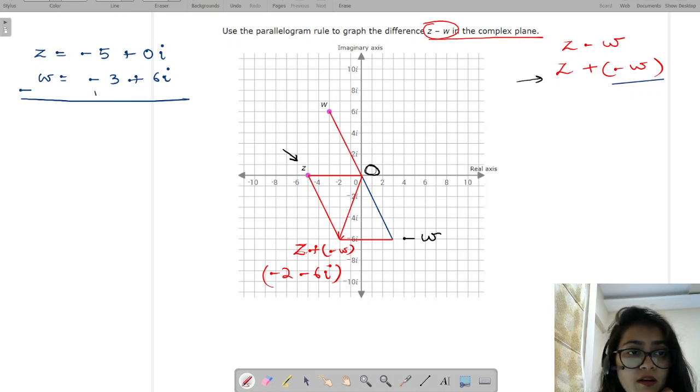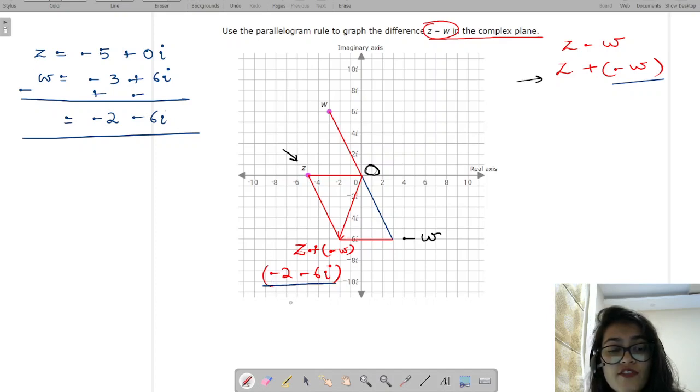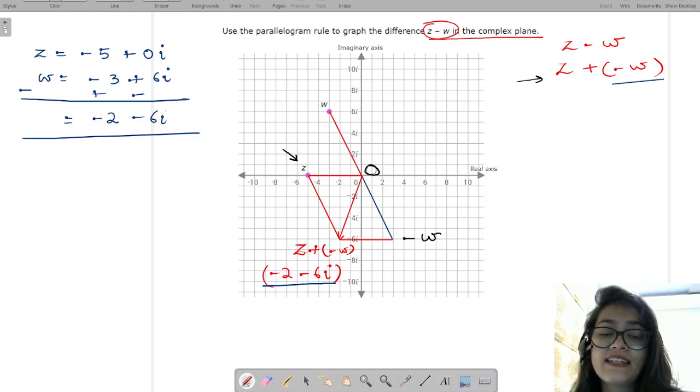So this will become positive, this will become negative. So negative 5 plus 3, that is negative 2, and 0 minus 6i, that is minus 6i. So algebraically we're getting negative 2 minus 6i, and on the complex plane also we got negative 2 minus 6i.